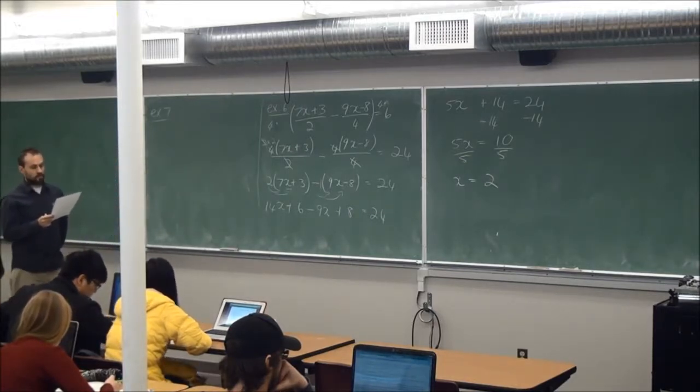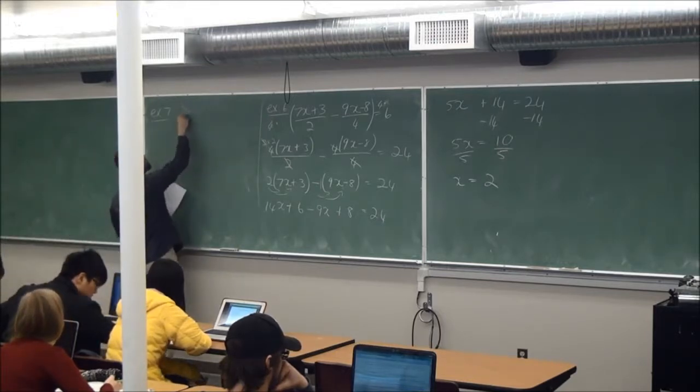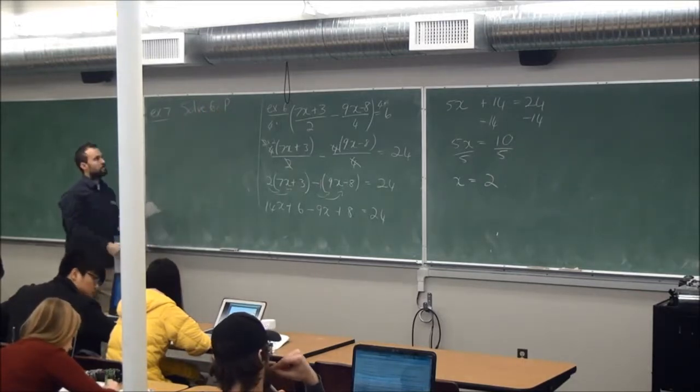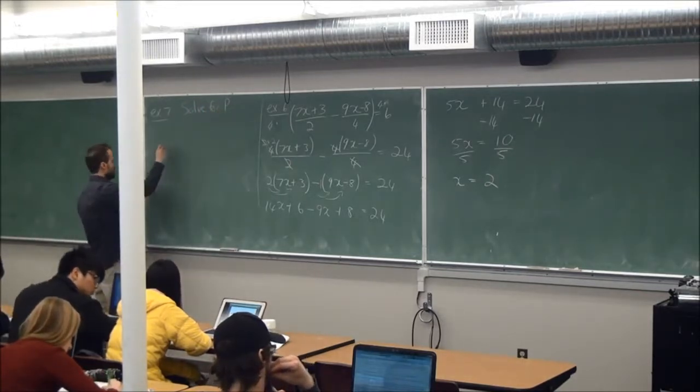I'm interested to express P in terms of S, R, and T. So what I want to do is solve for P, and I pretend all the other things are numbers.